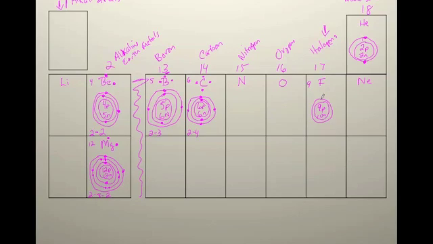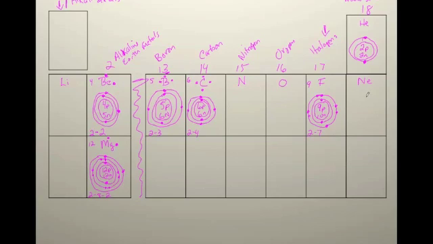You have 2 electrons in the K shell and 7 electrons in the L shell. So its electron configuration is 2-7.